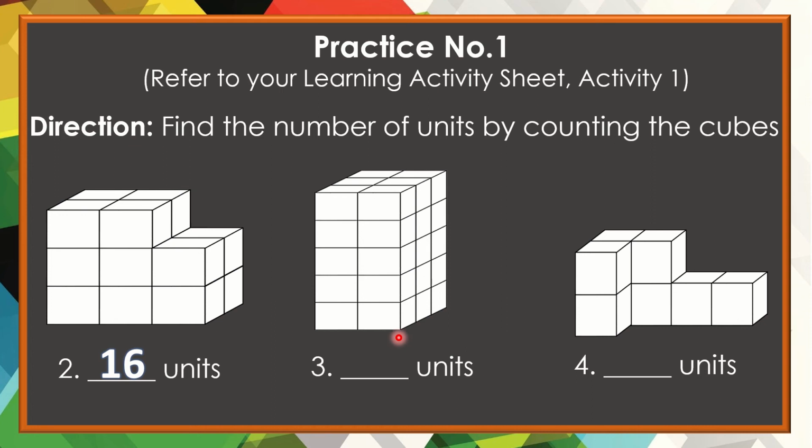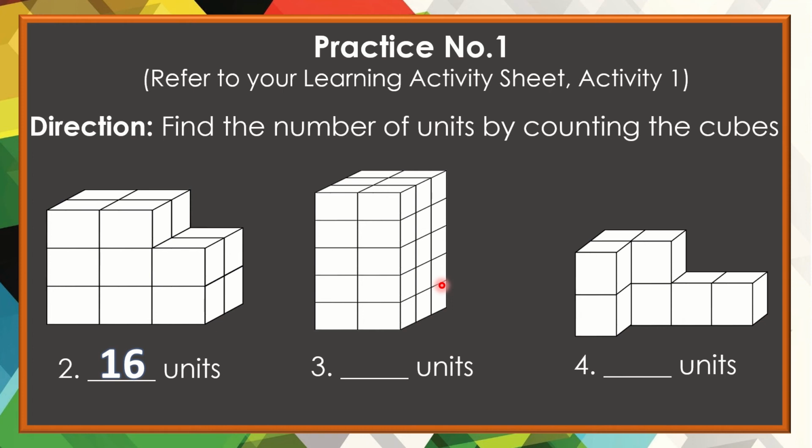How about number 3? Number 3, we have 1, 2, 3, 4, 5, 6, 7, 8, 9, 10. So, 10 in front, then there is a second layer, and we cannot see the back. So, 10 in front, at the back is 10, and another 10, so that becomes 30.